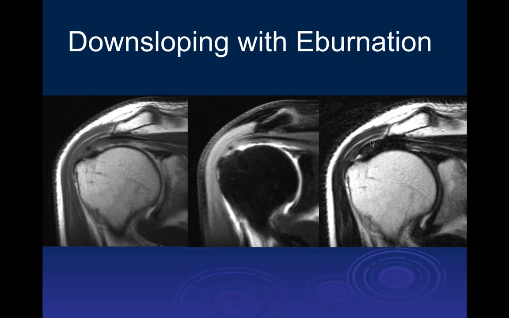There was a debate quite a few years ago as to whether most of these tears of the supraspinatus tendon start on the bursal side or the joint side surface. And Neer really popularized impingement as being a primary source of rotator cuff injury.